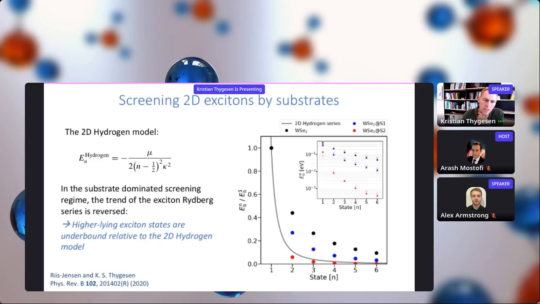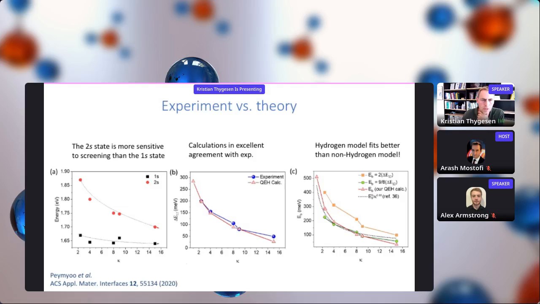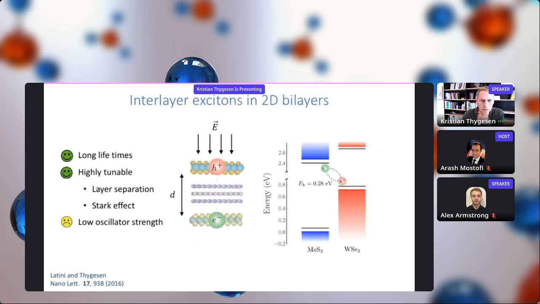But when we go into this inverted screening regime, they're actually smaller than the hydrogen model. So in that way, we can not just quantitatively, but even qualitatively change the physics of the exciton series in the 2D material. Okay, and we also have some experimental results that demonstrate this, but I'm going to skip that in the interest of time. So now I want to move to interlayer excitons.